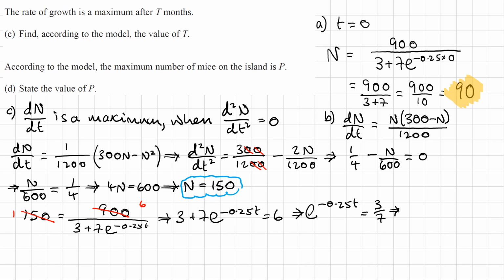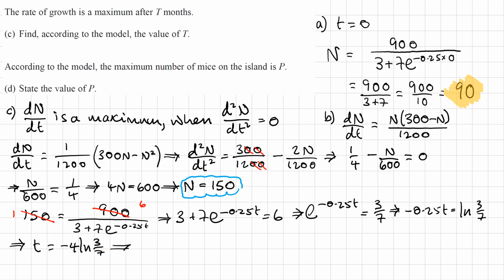And then we'll do the log of both sides. So that will mean that negative 0.25t is equal to the natural log of 3 over 7. Next we'll times both sides by negative 4. So I'll have t is equal to negative 4 times by the natural log of 3 over 7. Now we don't need to worry about this being a negative, because when we do a log of a decimal number smaller than 1 greater than 0, we're going to get a negative.